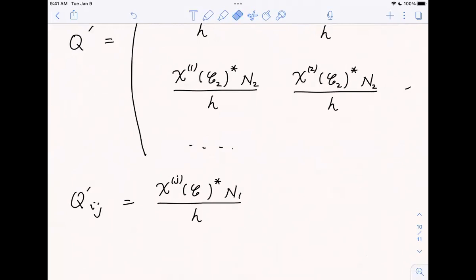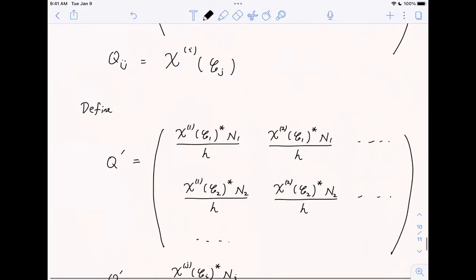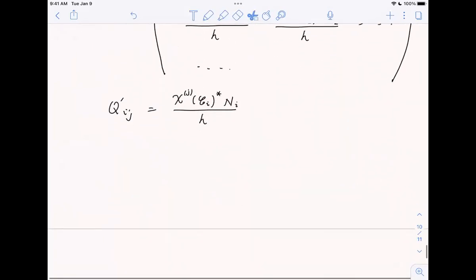And then this is the I. Okay, this is the J, because this is the column index. And here the column index is the representation index. Okay, so you compare these two. They're not exactly the same.